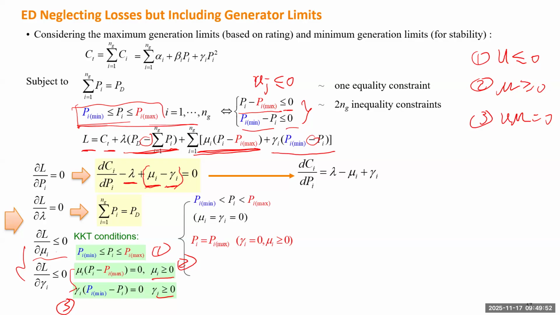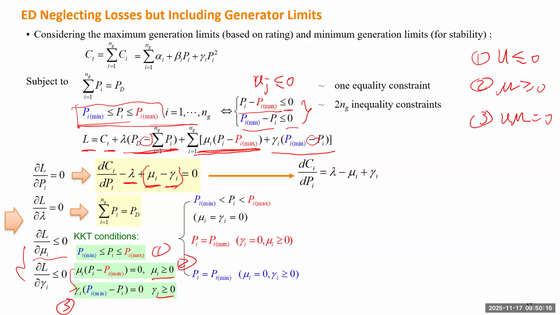The gamma is not needed. And the third one is the generation is at the lower limit. If it's at the lower limit, the inequality constraint about the upper limit is not required. So mu can be 0, and gamma cannot be negative. So the gamma together with this one will form this KKT condition.